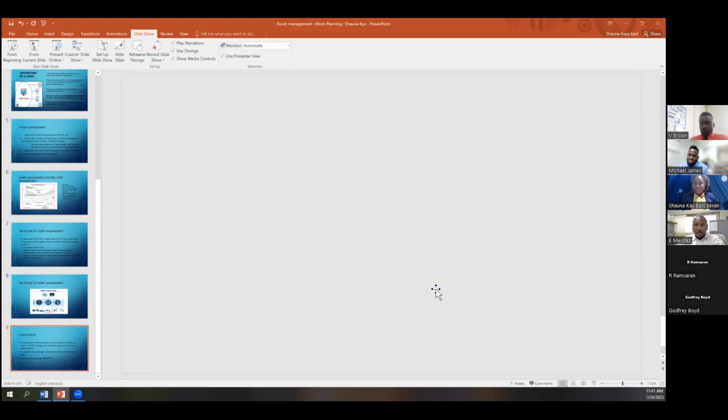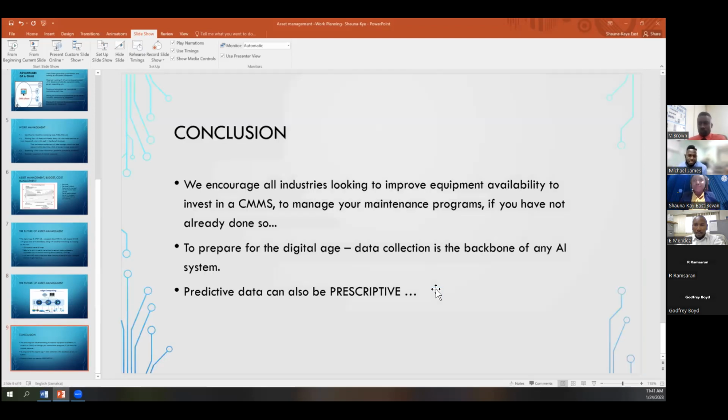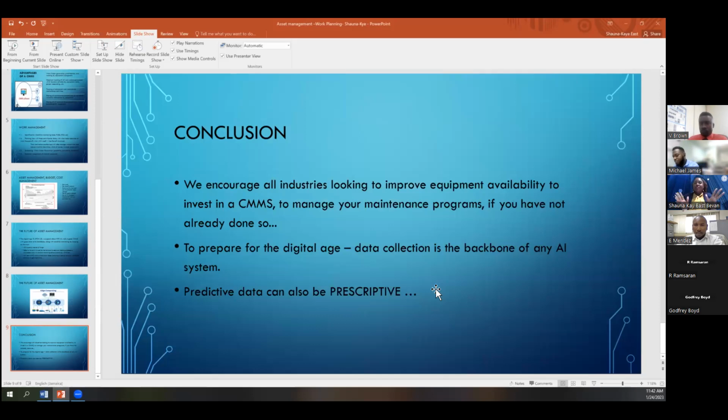Think on these things. So in conclusion, we encourage all industries to improve equipment reliability, improve uptime, cut excessive maintenance costs, cut production downtime, if we invest in predictive maintenance and execute things through CMMS. So we want to also prepare for the digital age. It is coming, we cannot avoid it, right?